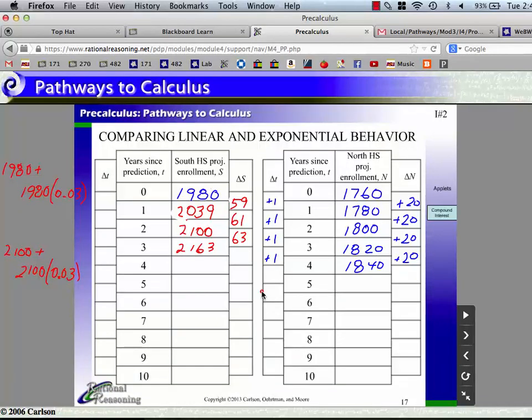Okay, so looking over here, right here, 1980 plus 1980 times 0.03, what we can do to that expression is factor out 1980. And when we factor out 1980, what are we left with? 1 plus 0.03.